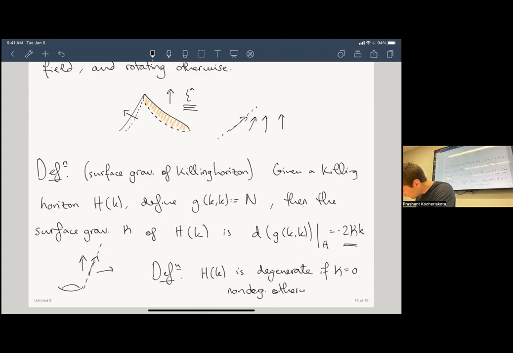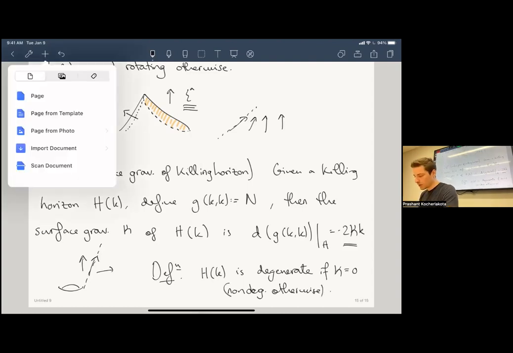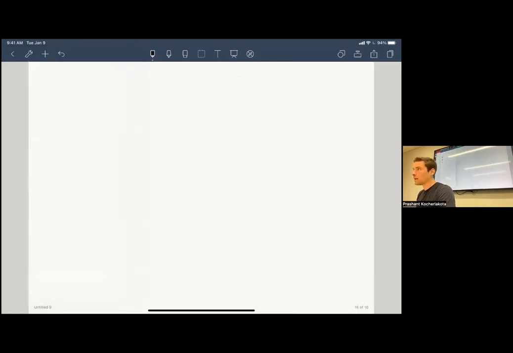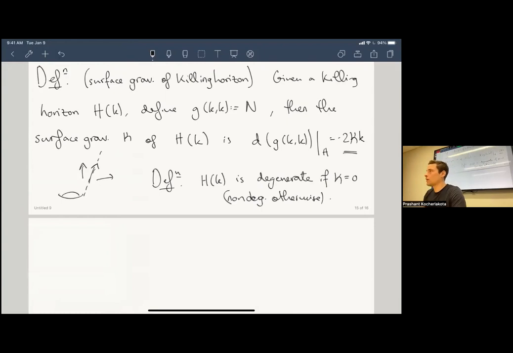So does anybody have a feeling for where this pops up in the Kerr family? Say again? Extremal black holes. Yeah, exactly. So when a black hole is extremal, for instance, the surface gravity actually is 0.